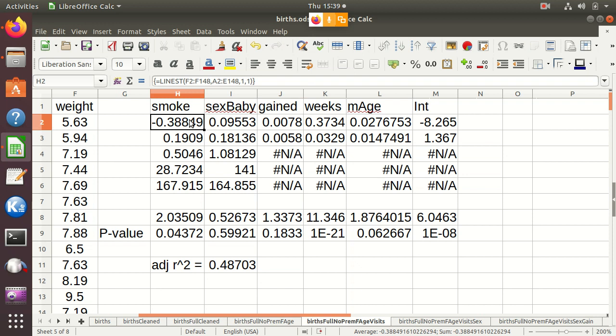The way I interpret that is if the mother doesn't smoke, then the baby has a certain average weight. If the mother does smoke, subtract 0.4 pounds. Nearly half a pound is what that's saying.